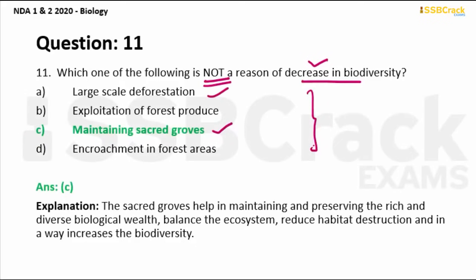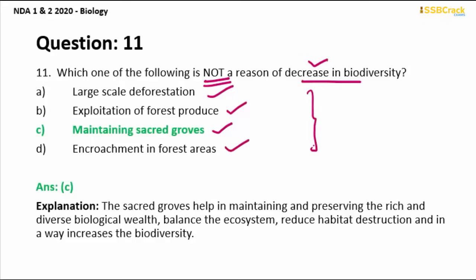Large scale deforestation, yes, it decreases biodiversity; we cannot conserve biodiversity or maintain the balance. Exploitation of forest produce: whatever produce we get from the forest, most of it we tend to exploit, so that will also decrease biodiversity.